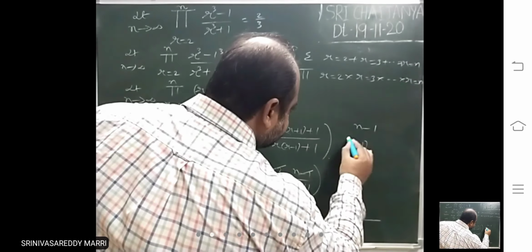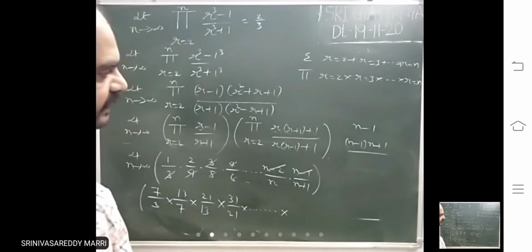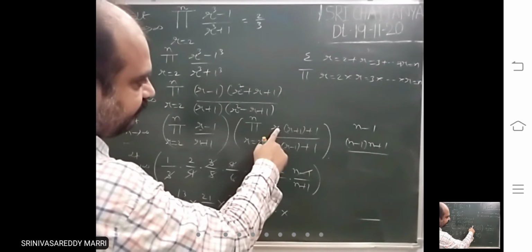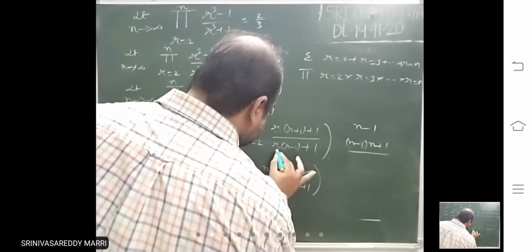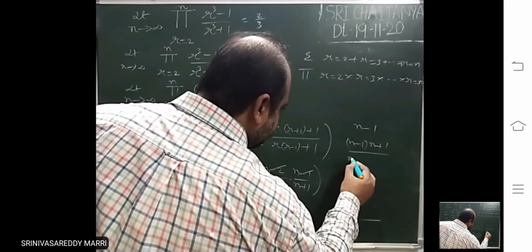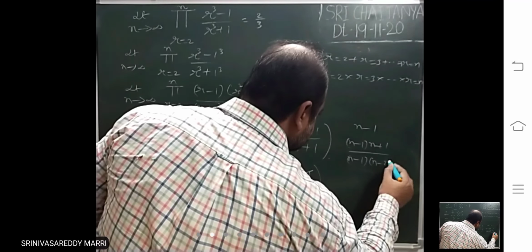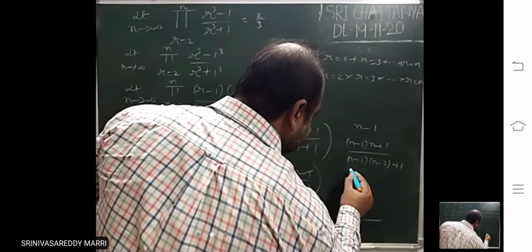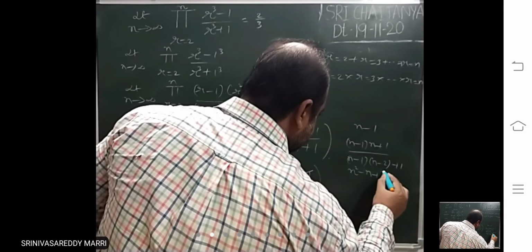N minus 1 into n plus 1 divided by n minus 1 into n minus 1 plus 1 divided by, so this is what? R is n minus 1 into n minus 2 plus 1. What you will get? N square minus n plus 1.